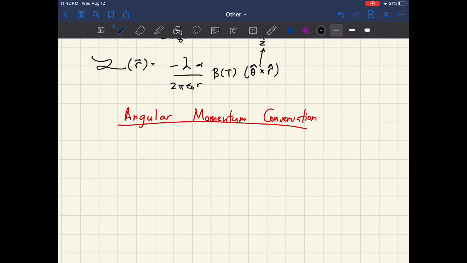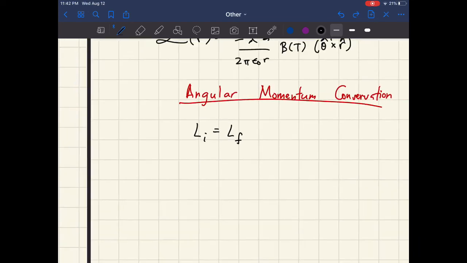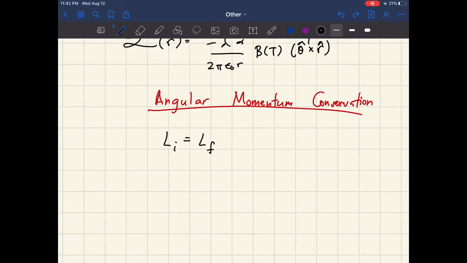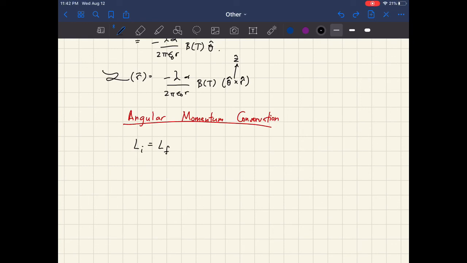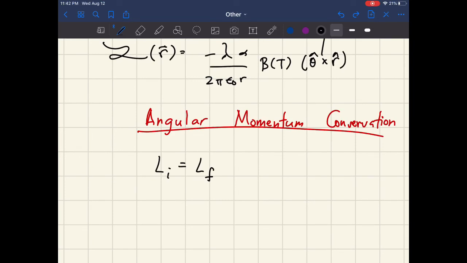So, let's do angular momentum conservation, and let's just say Li is equal to Lf. But we have to be careful because this is per unit volume, and we just want to make sure we get this right. Li, the only angular momentum is provided by this thing, not the B field. So we'll shift into per unit length rather than per unit volume.